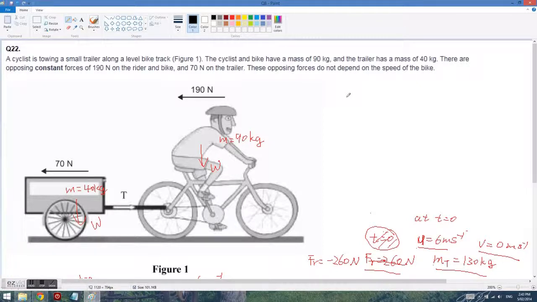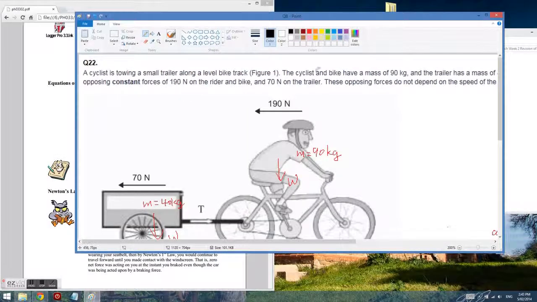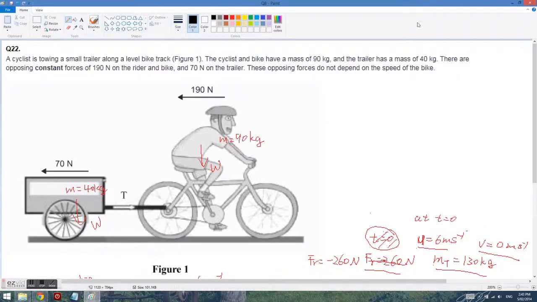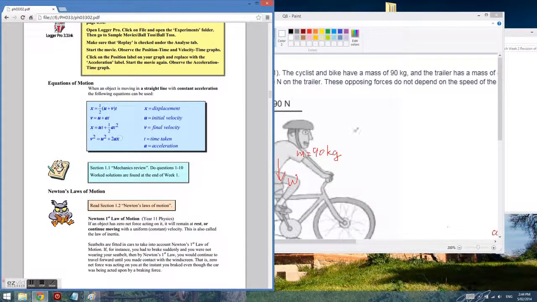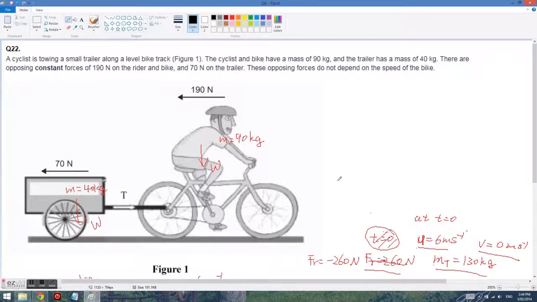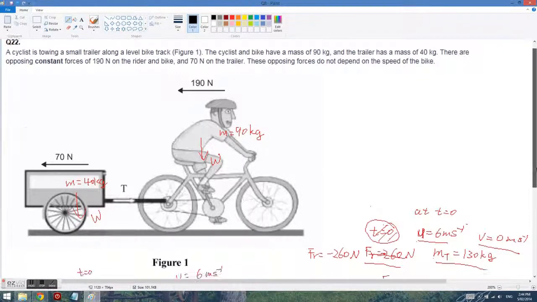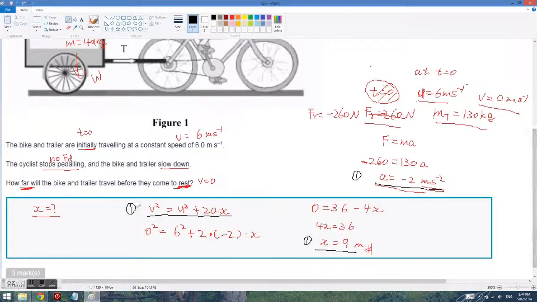A tip for examination is, whenever you see a constant acceleration question, if you have no idea which equation to write, just write down all of them. Then you will get at least 1 mark for this equation. That's just some exam technique.